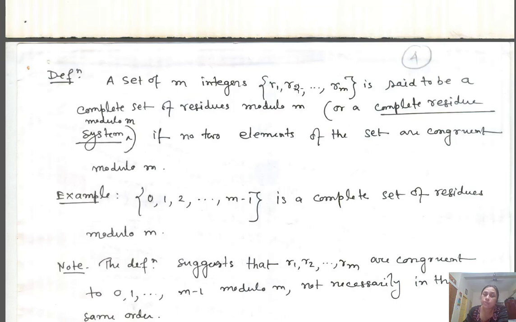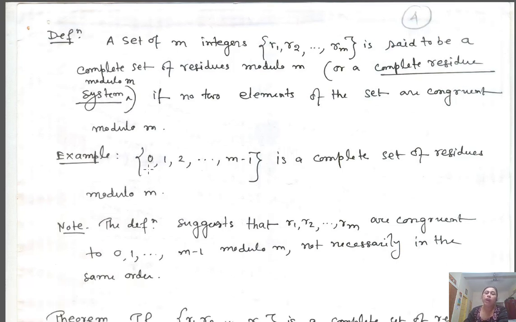For example, if you consider 0, 1, 2, up to m minus 1, this set is an example of a complete set of residues modulo m. If you pick any two from this set, they are not congruent modulo m.